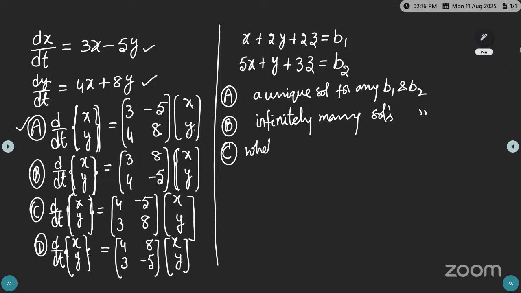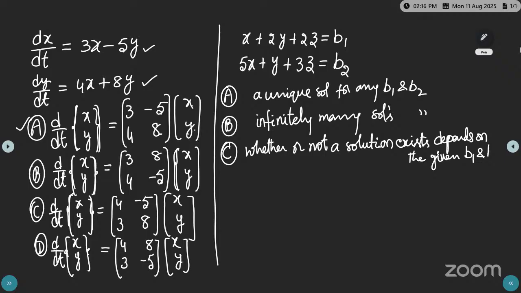Option C, whether or not a solution exists depends on the given b1 and b2.